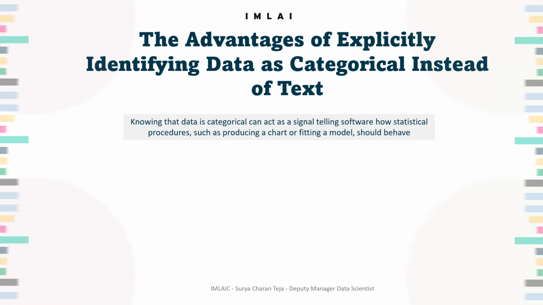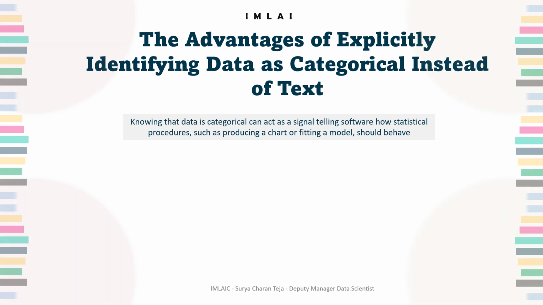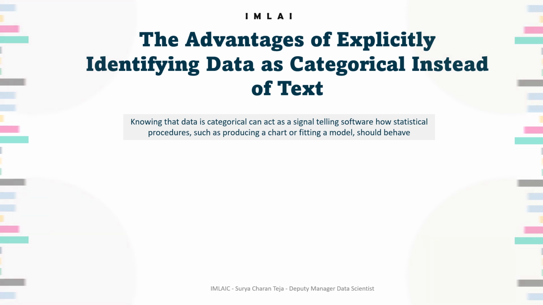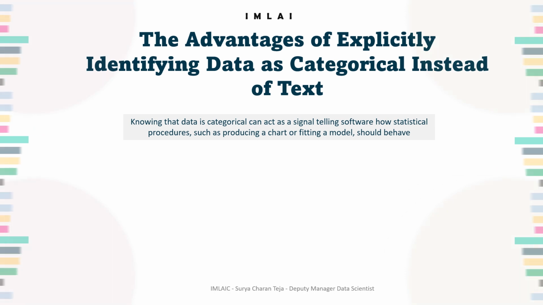The first advantage is that knowing the data is categorical can act as a signal telling software how statistical procedures such as producing a chart or fitting a model should behave. In particular, ordinal data can be represented as an ordered factor in R, preserving a user-specified ordering in charts, tables, and models.